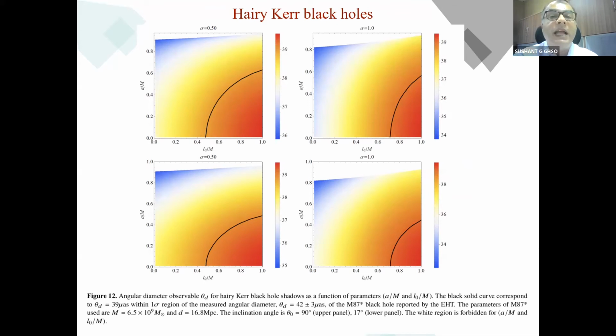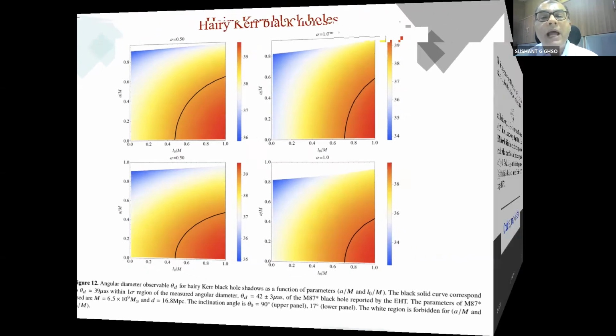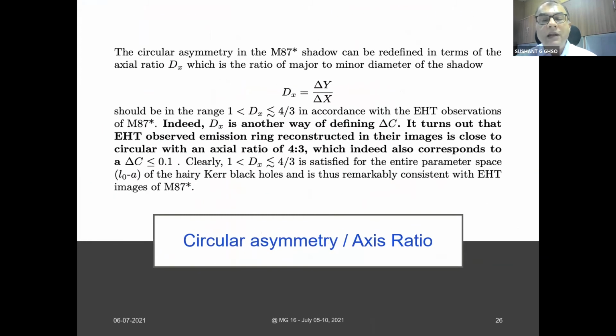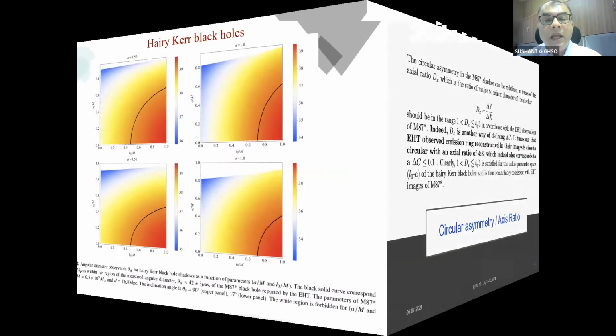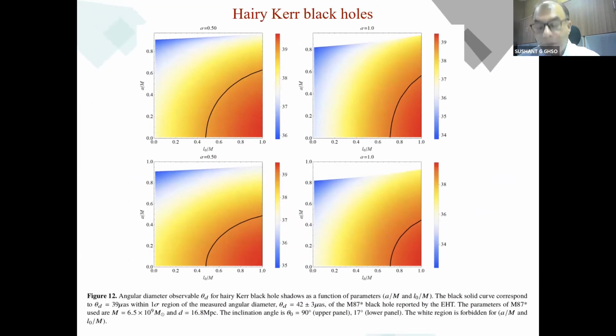If we take the 1 sigma level, this is plotted at 39. So the region inside the black line is in agreement with the Event Horizon Telescope, whereas the outside region is not. So the hairy Kerr black hole is consistent with the Event Horizon Telescope in a finite parameter space.